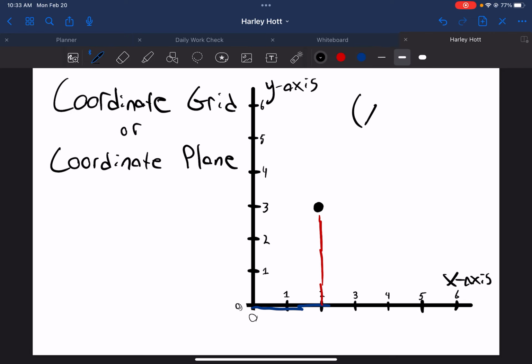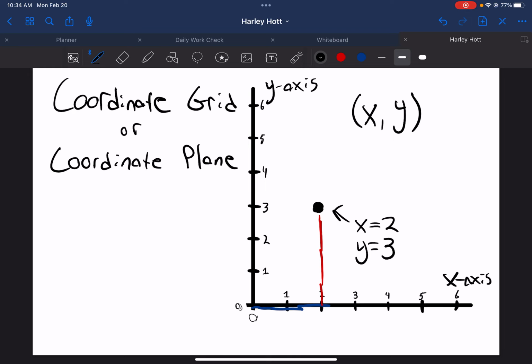Note, however, that x and y, you might not have been introduced to them as such. X and y are really just two variables. Whenever you're dealing with two variables at a time, x and y just tells you the value of those two variables. So this coordinate here tells us that x is equal to 2 and y is equal to 3. It just tells you the value of those coordinates.